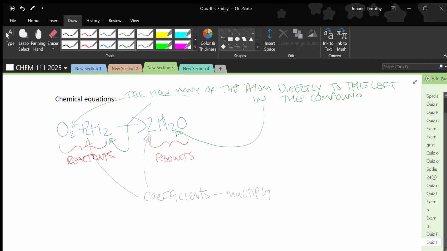Tell how many of the atom directly to the left in the compound. Okay, and then coefficients. I'll repeat this after I write it. Coefficients. You're going to multiply these times the compound to the right.